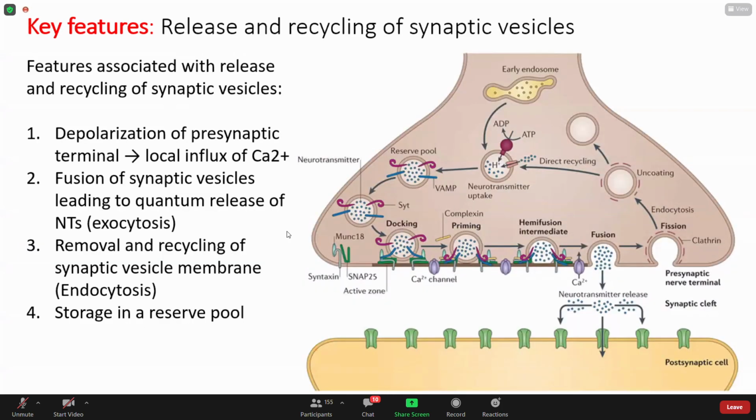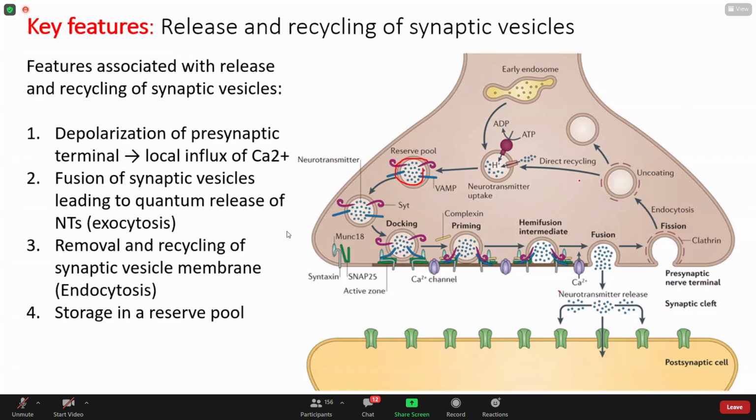Now, when the presynapse is depolarized, we have these synaptic vesicles with neurotransmitters being stored in what we call the reserve pool, okay? Now, when the presynaptic terminal is depolarized, we know what will happen. So anyone?